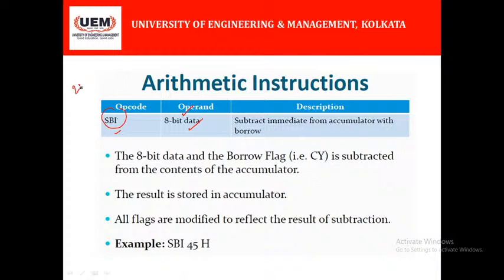So it requires 2 bytes. It is a 1 address instruction because in the operand field, or operand location field, or address field, we can specify only one data, not more than that.